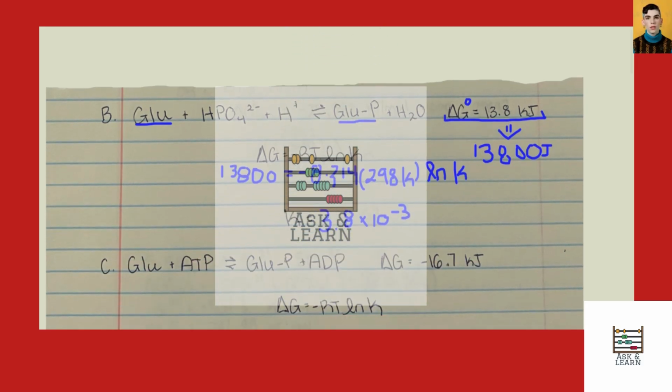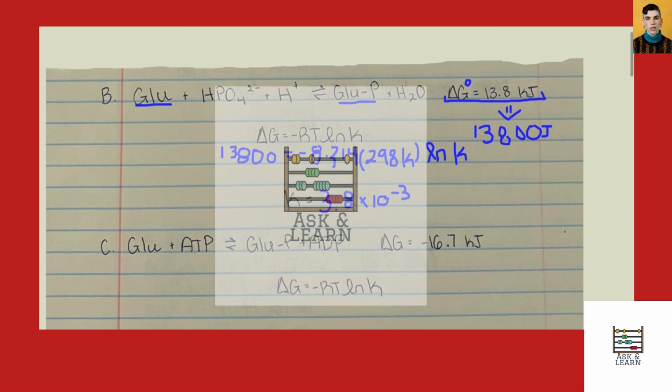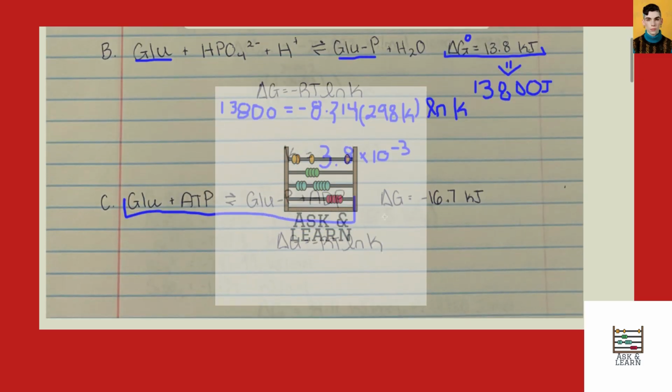Perfect. All right, and then C, we have the coupled reaction between ATP and glucose. Again, you should be given this. You can also get it from just adding these two equations together, and the delta G again is negative 16.7. So the same exact thing that we've been doing. Let's change this into joules first.